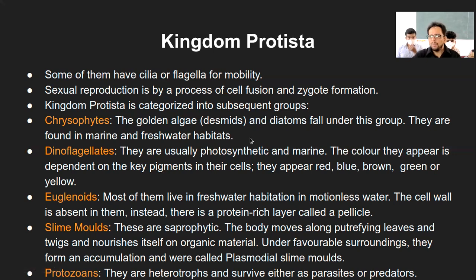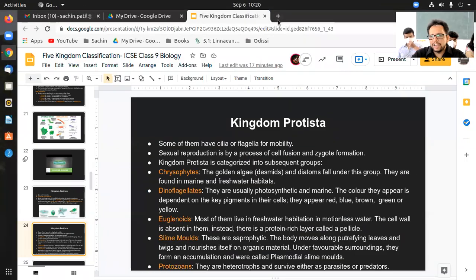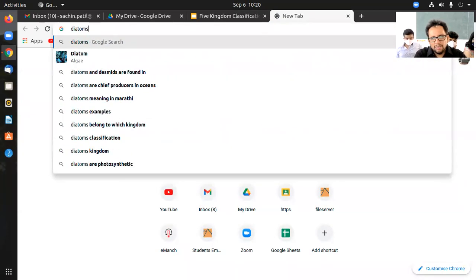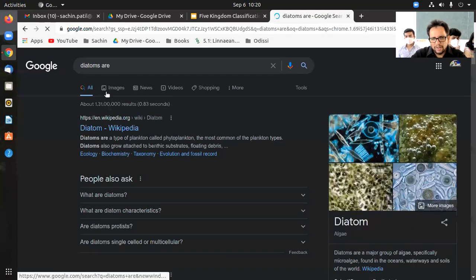Now, you might know some of the organisms from this category, which are more commonly found. So for example, the golden algae, which is called desmid, or diatoms. I don't know if I have put the picture or not. Let me show you the diatoms. I'm sure you would have seen these diatoms, which are a type of algae.